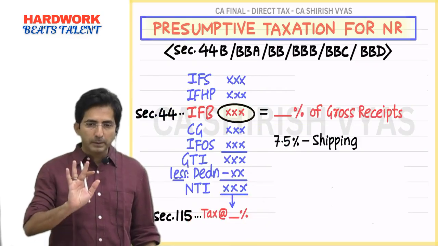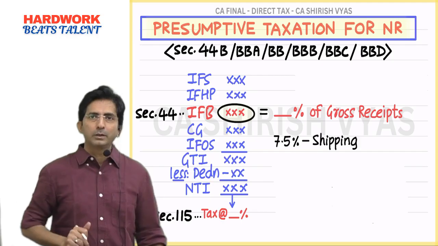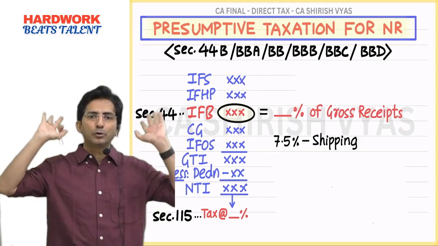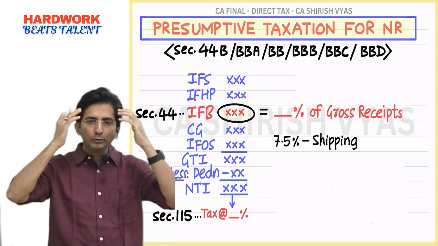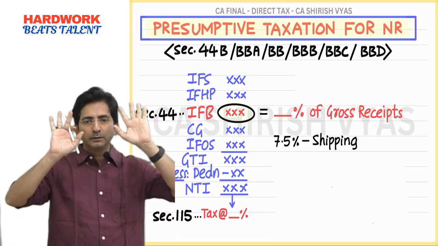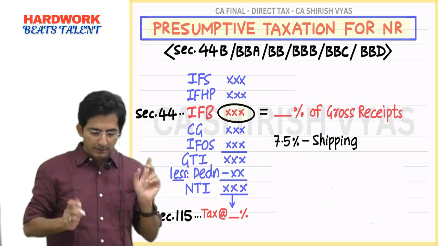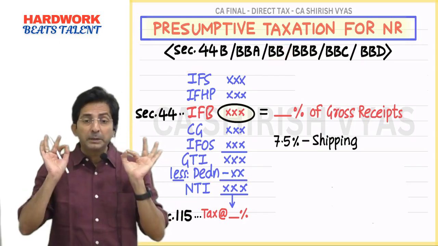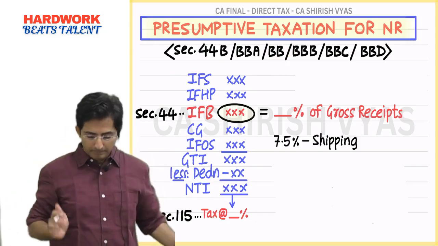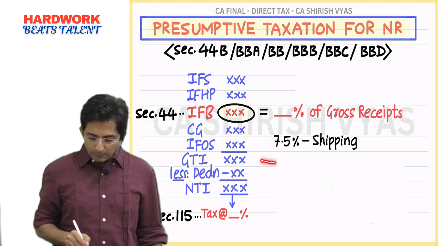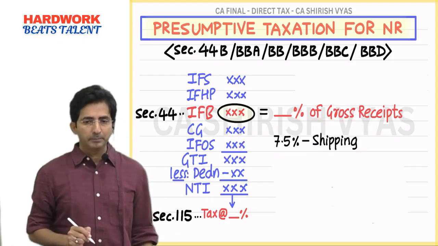So don't mix up, because as a student you will think there are several percentages to remember, but sometimes you get lost and don't understand what is the percentage of tax and what is PGBP. So whole 44 is about PGBP percentage. Now tell me, what is the logic of 7.5%?